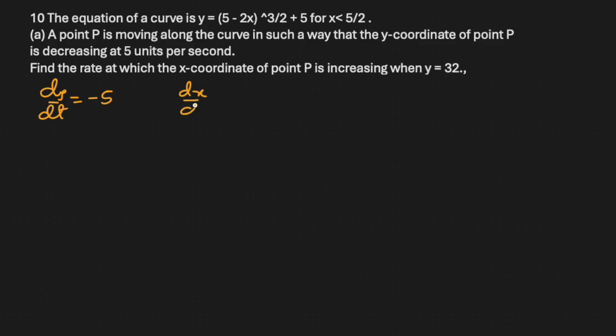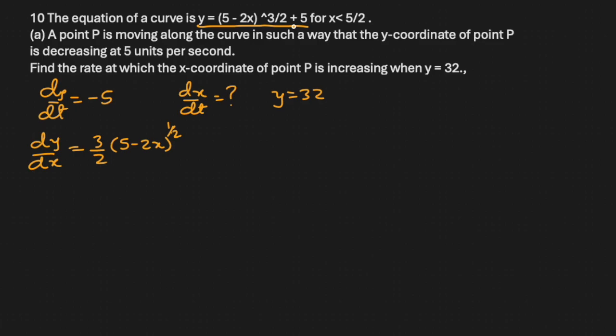So dx over dt is what, if y is 32. First we will differentiate the main equation, which will give us dy over dx. So (5 minus 2x) has a power 3 over 2, so 3 over 2 will come in front, and then the power will go down by 1, we will leave 1 over 2 here, and then the differentiation of the contents 5 minus 2x, which is minus 2.